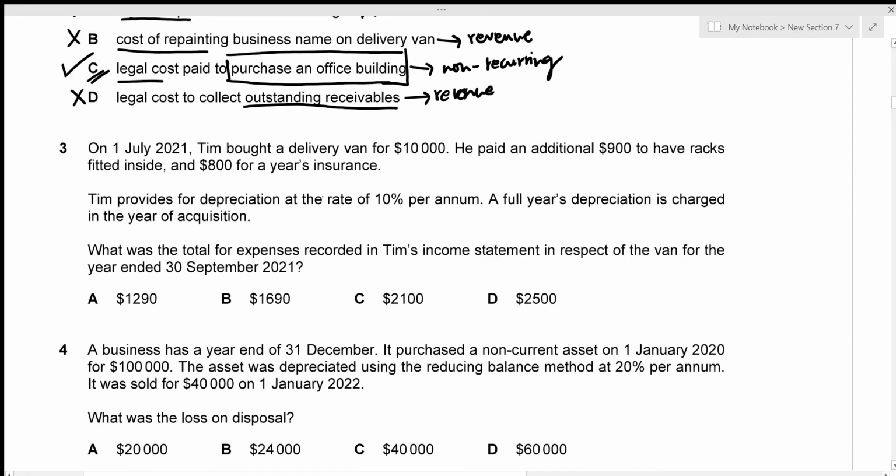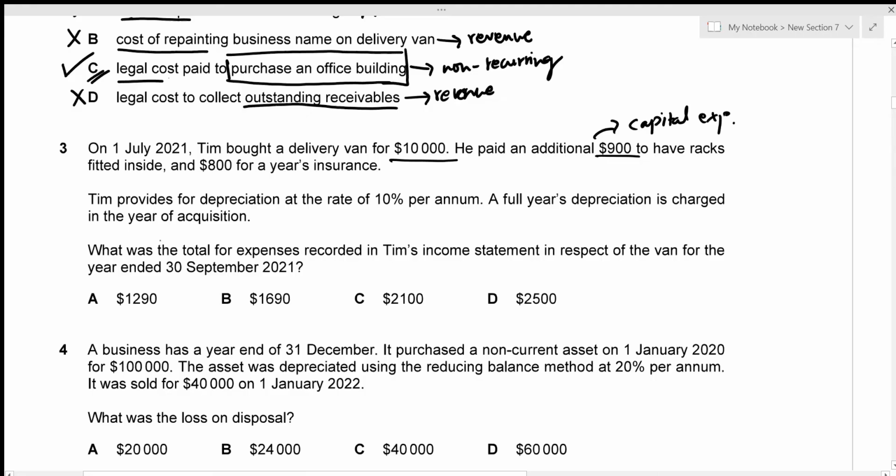On 1st July 2021, Tim bought a delivery van for 10,000, so that's the cost for the delivery van, and he paid an additional 900 to have racks fitted inside. So this is an example of capital expenditure, which means that this is going to occur only once. And since this expense is of capital nature, we need to include it in the total cost for the delivery van.